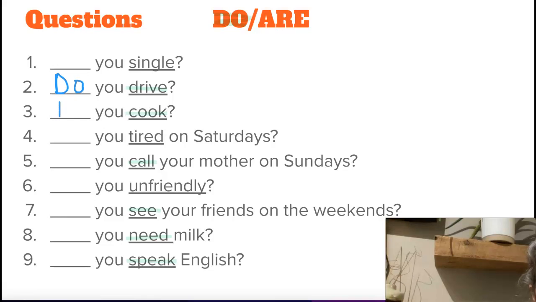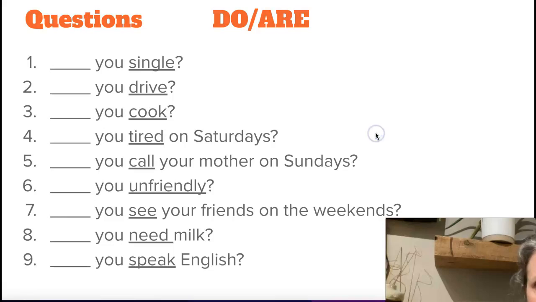Do. And I'm not going to fill all of these in, but the ones that are not verbs, single, tired, unfriendly, those are going to be are. Are you single? Are you tired?